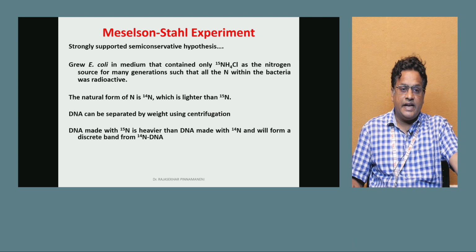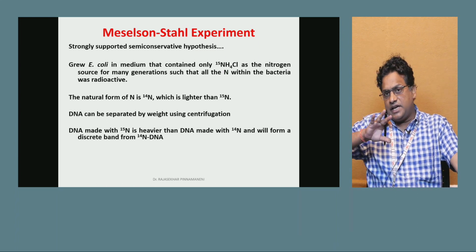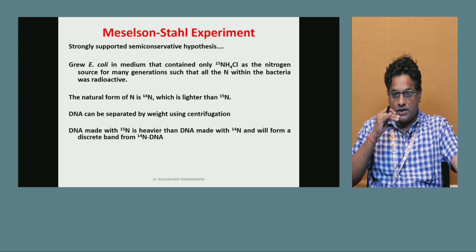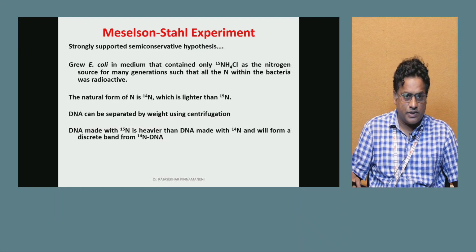If the DNA is separated by density centrifugation, the DNA having N15 will sediment at the lower phase, and the lighter one will sediment at the higher phase. That's logical to understand.